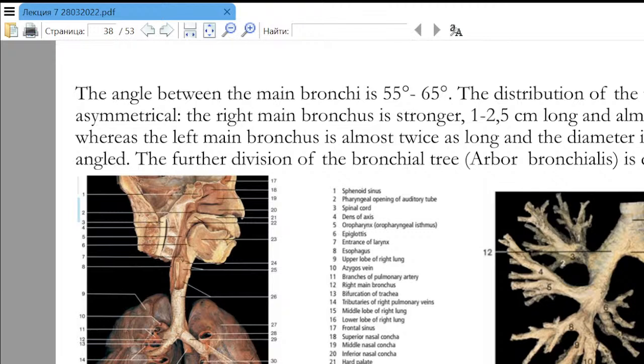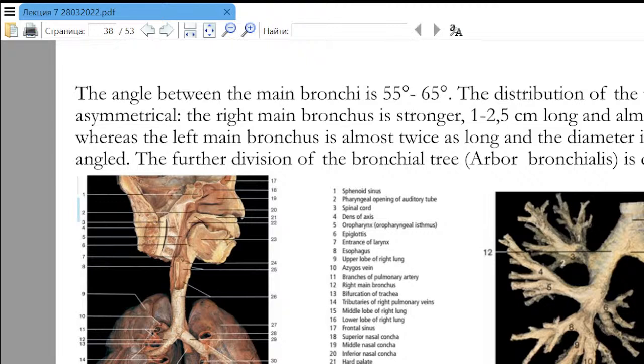The first division of the bronchial tree. Every bronchus, right and left, divides further and forms the bronchial tree, arbor bronchialis.